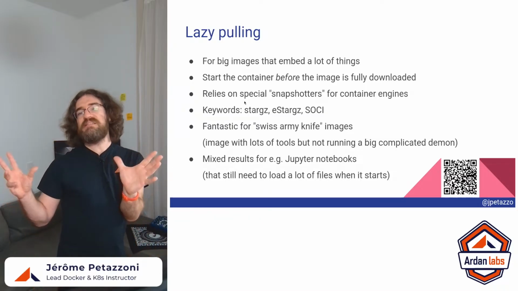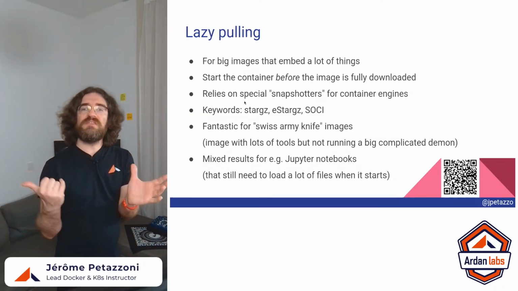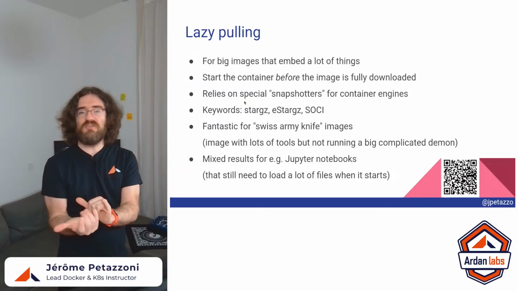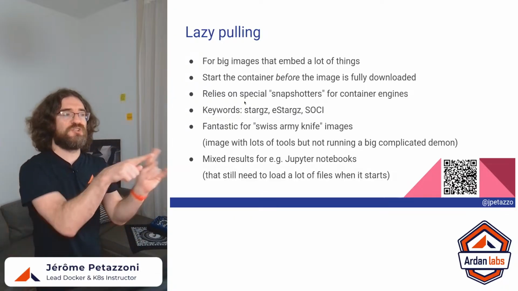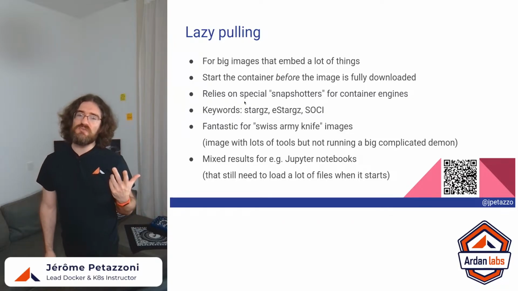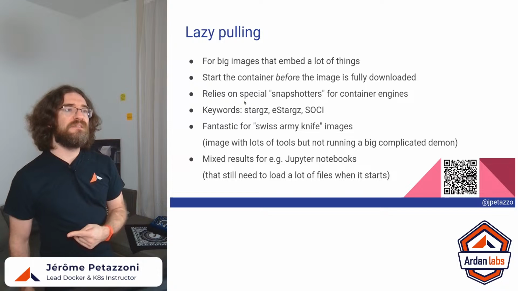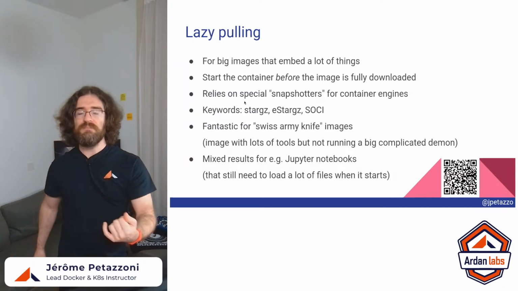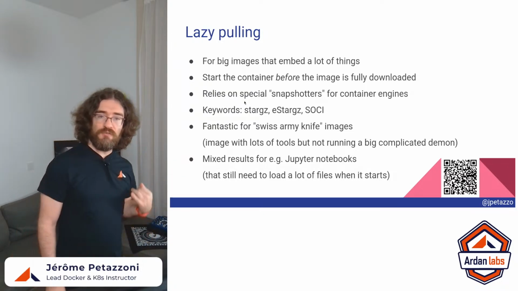Basically the image layers are going to have a kind of index so that it's possible to go and fetch random files there. So this is not going to reduce the size of the image, but it's going to make it faster to start the image on a fresh node.